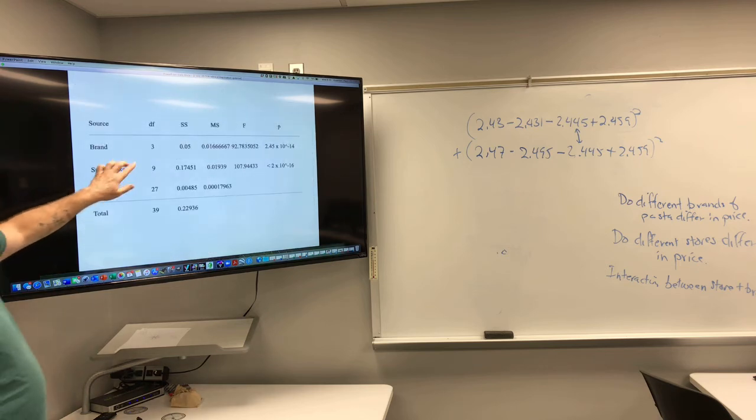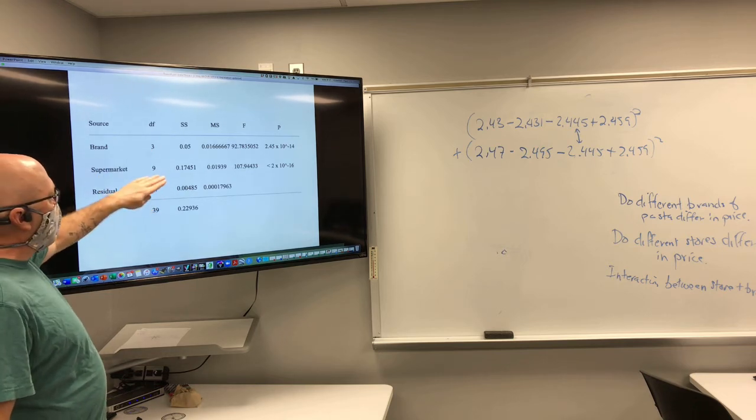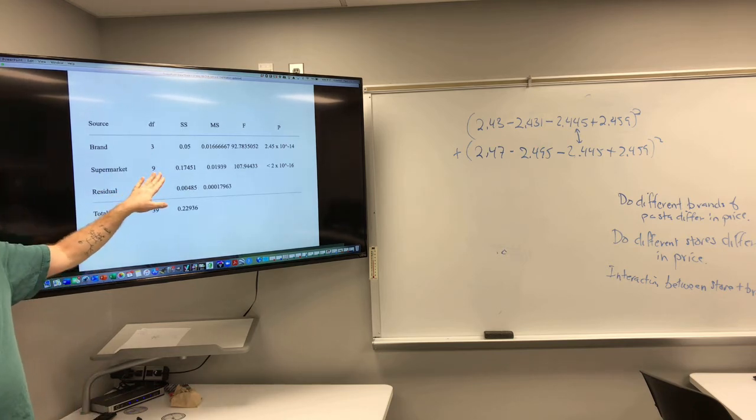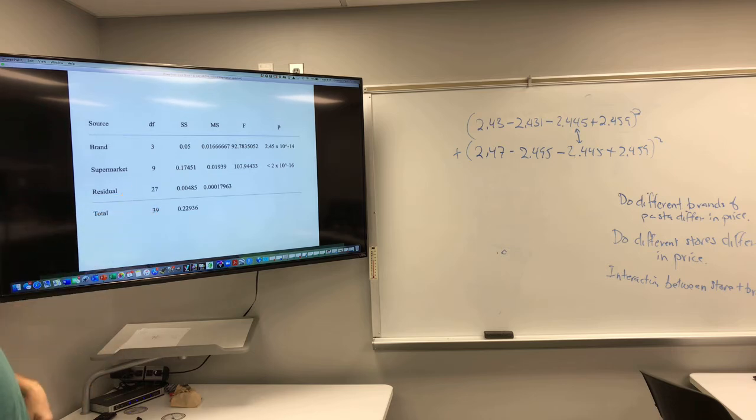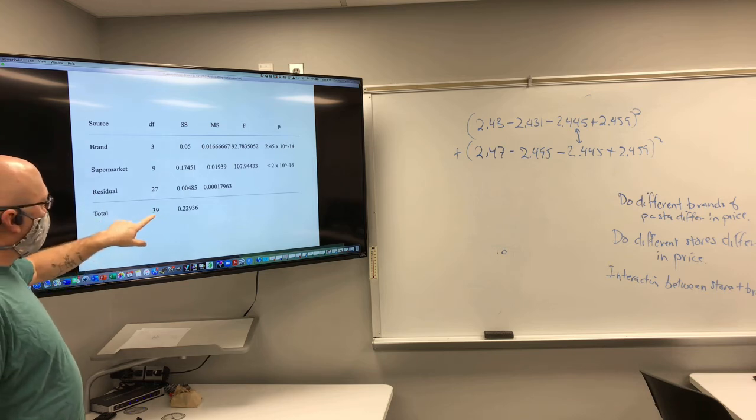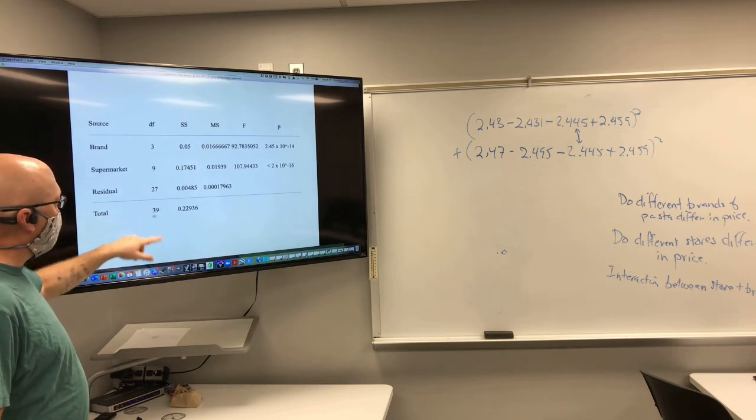We have 4 brands, so we have 3 degrees of freedom for brand. We have 10 supermarkets, so we have 9 degrees of freedom for supermarkets. We have 27 degrees of freedom for the residual because 9 times 3 is 27. And we have 40 observations total, so 40 minus 1 is the total degrees of freedom.